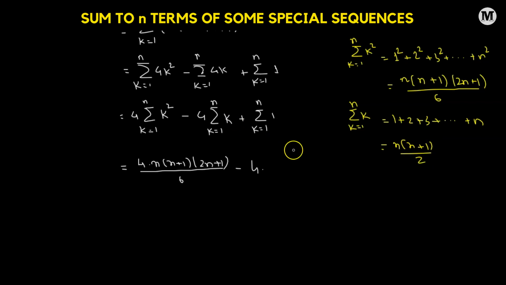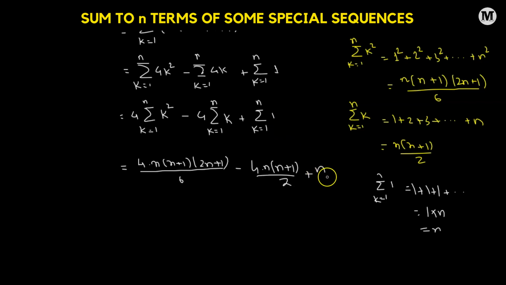So we have 4 times n multiplied to n plus 1 whole divided by 2, added to. Now summation of 1, where k runs from 1 to n, is simply 1 plus 1 plus 1, going n number of times. So we have 1 multiplied to n, which gives us n. So summation of 1, where k runs from 1 to n, is simply going to be n.